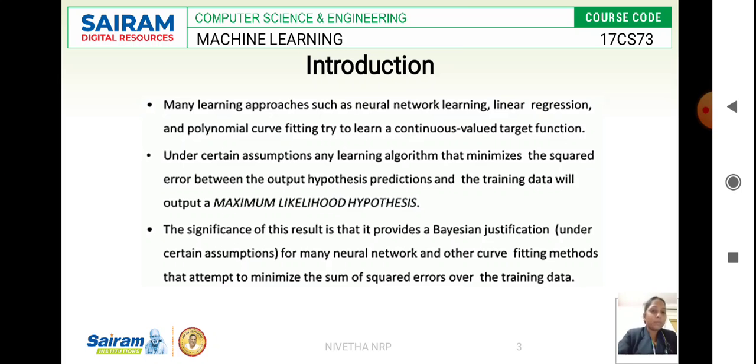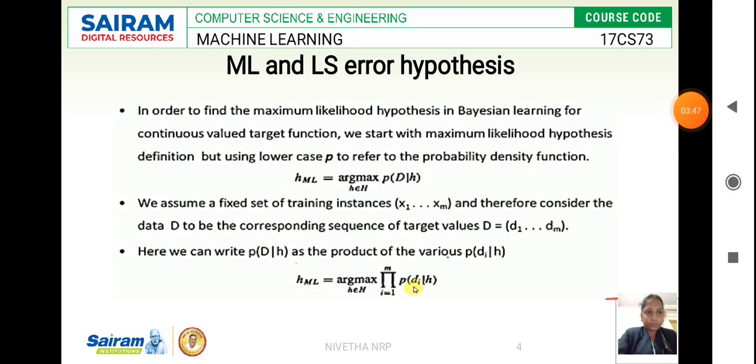So you are going to implement this significance under the Bayesian rule. We are going to follow the Bayesian rule for achieving this condition. In order to find the maximum likelihood condition using Bayesian learning, which we'll use for a continuous value target function, we start with the maximum likelihood hypothesis and give a definition here.